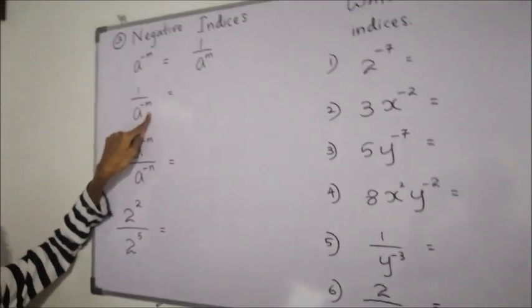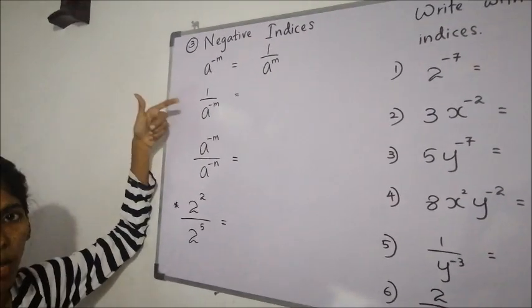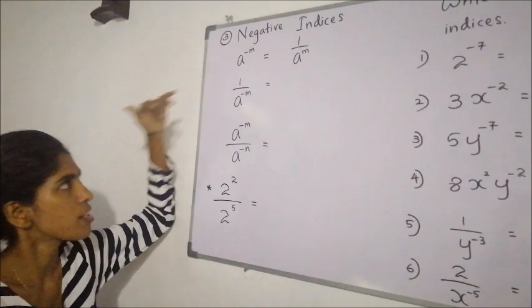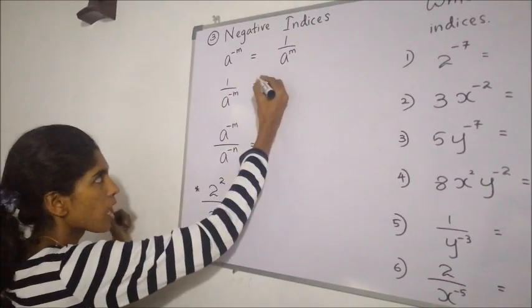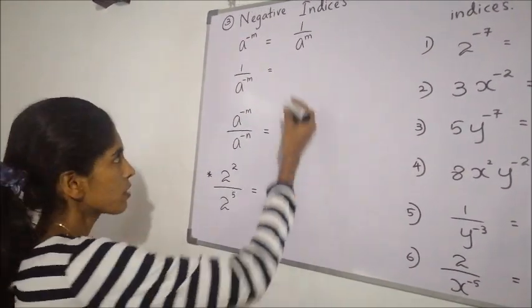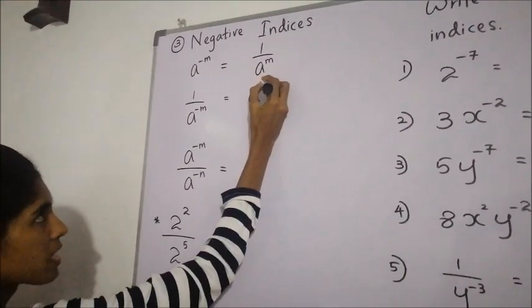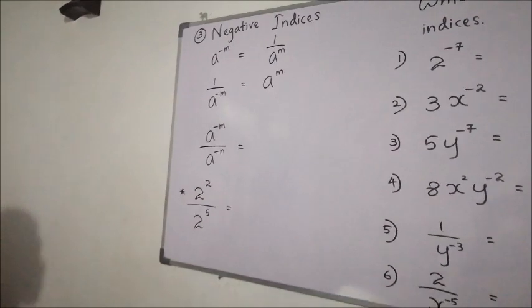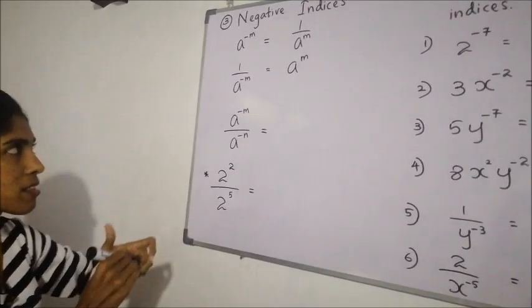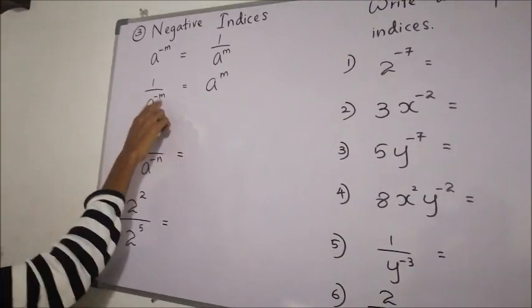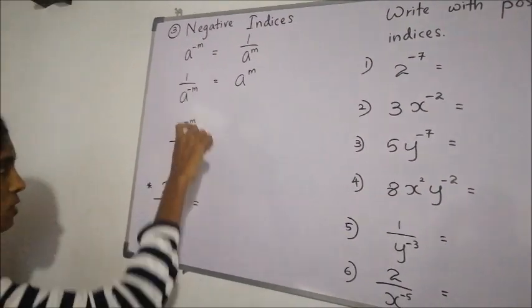To make it positive, we will bring the whole thing up. That means we will apply the reciprocal here. Bring this up, then this 1 will go down. That means no need to write that 1. So this becomes a to the power just m, right? When we write the reciprocal of anything in the negative power, it becomes positive, right?